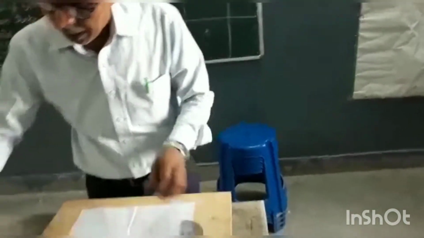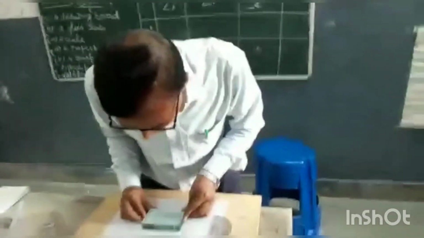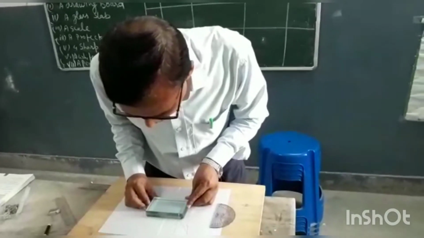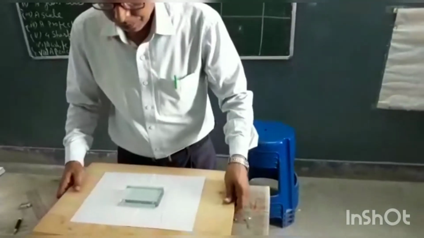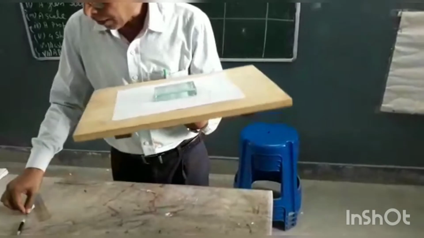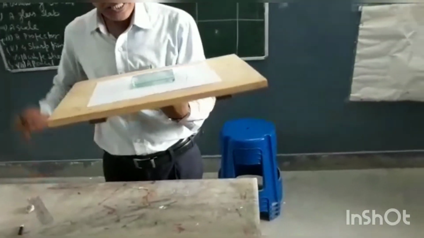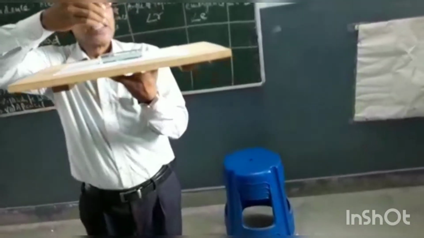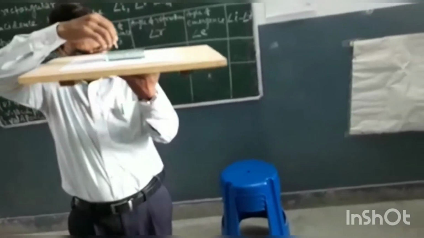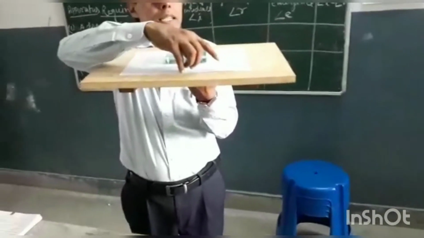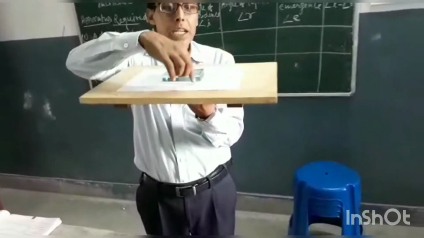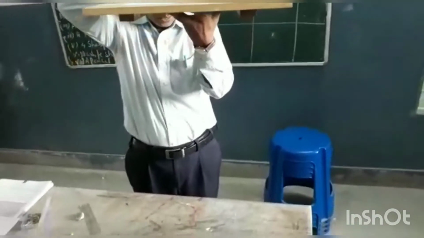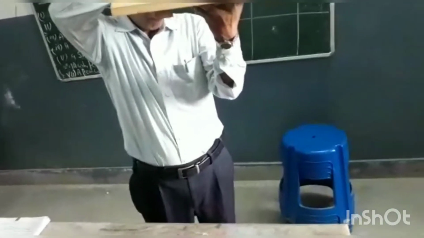Now you place the glass slab. Now you fix another pin such that the image of these 2 pins and the third pin are in a straight line.